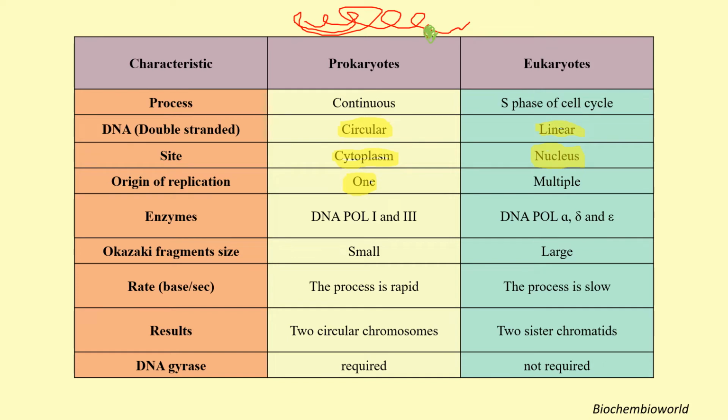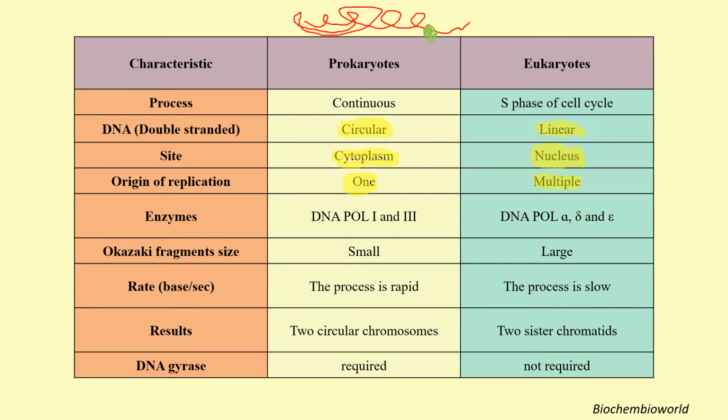So to complete the DNA replication in a particular time, the S phase, a number of origins are required. So the origins of replication in eukaryotes are multiple in number.